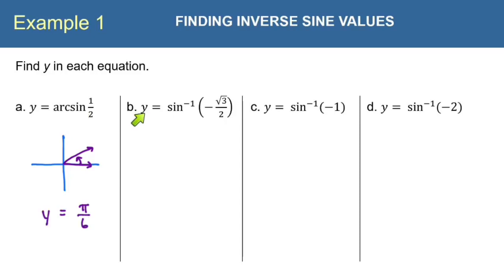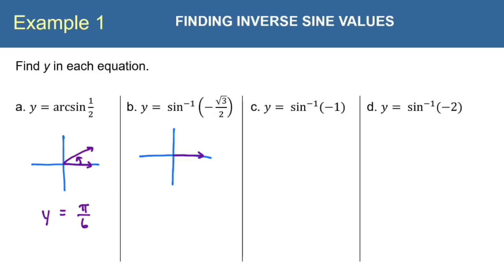In part B, we have y equals sine inverse of negative square root of 3 over 2. Okay, so again, we're looking for an angle between -π/2 and +π/2 whose sine value is negative square root of 3 over 2. Now, since this sine value is negative, it must be indicating a quadrant 4 angle.